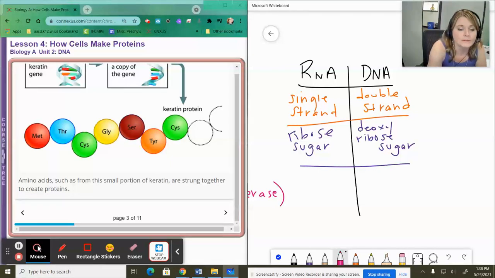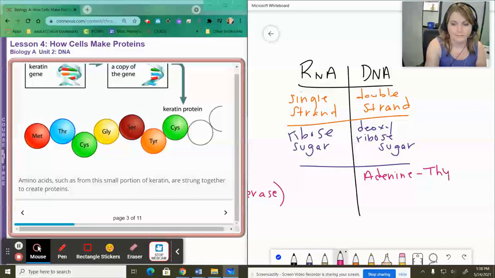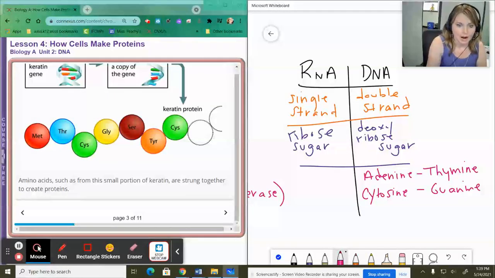DNA uses adenine, which normally is going to bond with thymine, and cytosine, which normally bonds with guanine. RNA also has adenine.